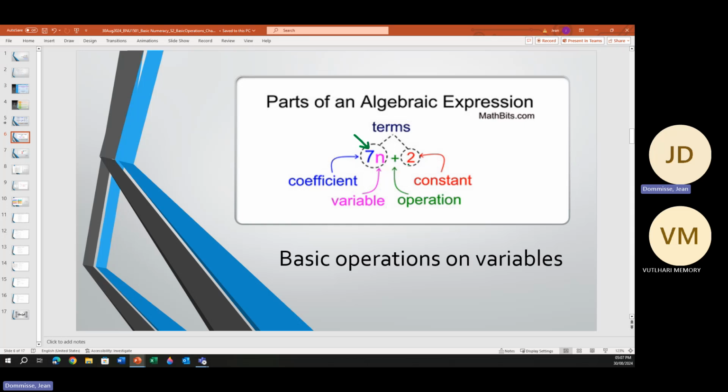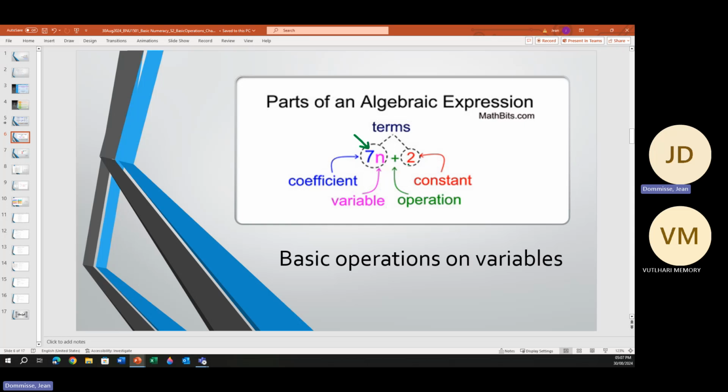So the coefficient is the number in front of a variable. The n is the variable. A lot of times we will look at x, y, a or b as the most likely ones that they will give us in expressions or in formulas.